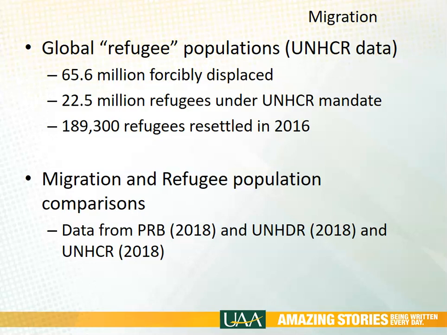Of those, less than 200,000 were actually resettled in 2016, and that number has not improved much in the last few years. The next few slides and the last few slides have some migration and refugee comparisons. And to make these, I've used data from the Population Reference Bureau, from the United Nations Human Development Report, and also from the UNHCR.